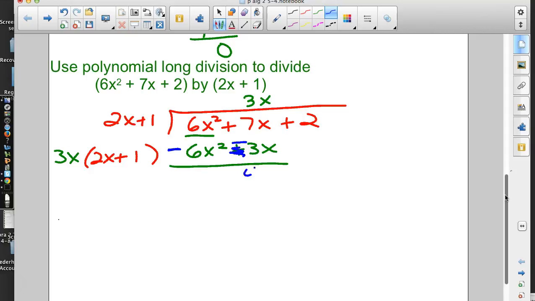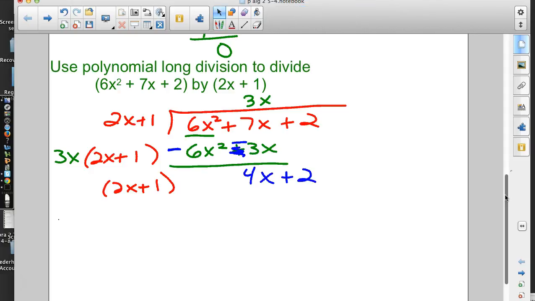7x minus 3x is 4x. And just like we did when we were doing the normal long division with numbers, we're going to bring the 2 down. We bring that next digit down. Now I go back over to my 2x plus 1. And my focus is on getting a 4x in that first position because I want to tackle this term by term.